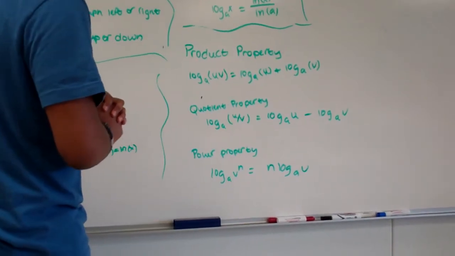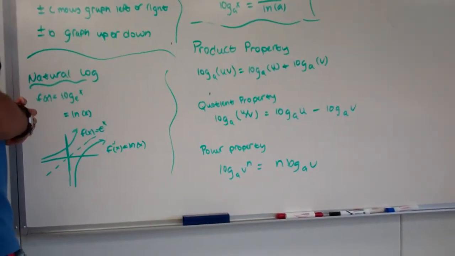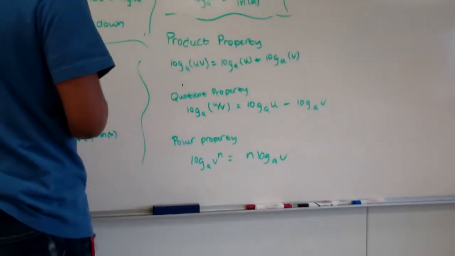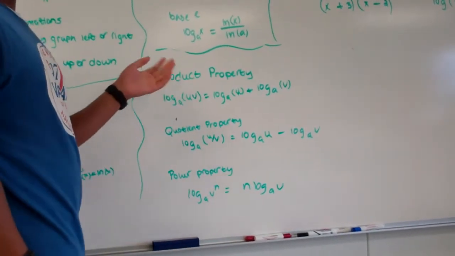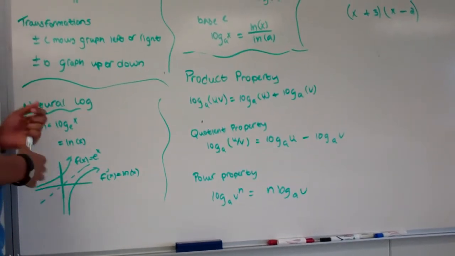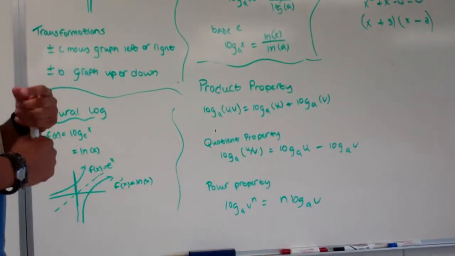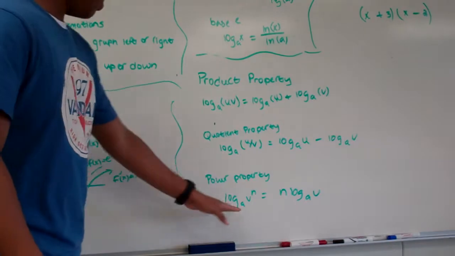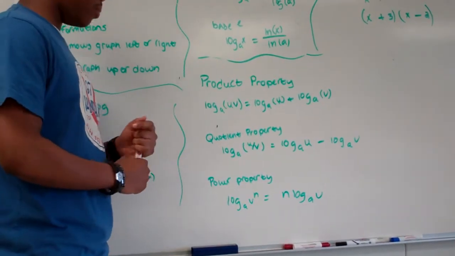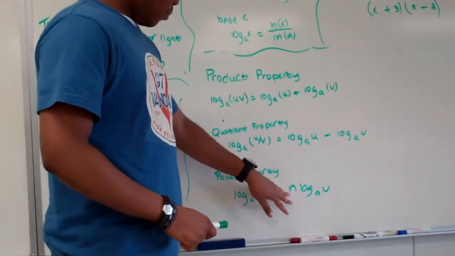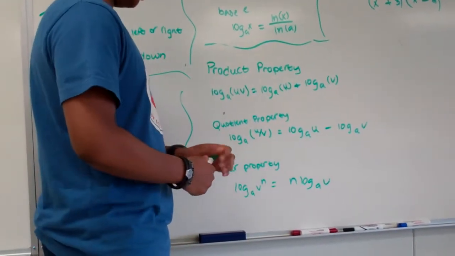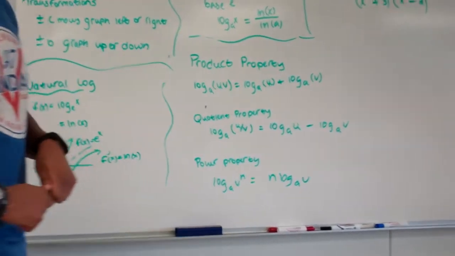The quotient property, if you're dividing, is the same as subtracting two logs from each other, so it'll be log base a of u minus log base a of v. Power property: if you have a log base a and a number raised to a power, that power comes in front of the log, so you get n log base a of v.